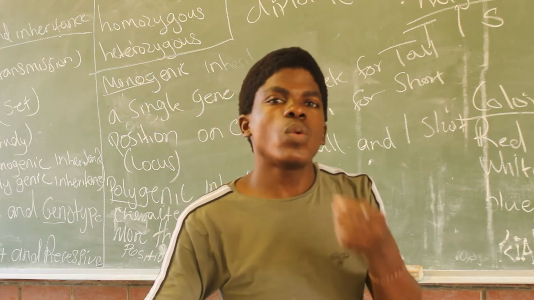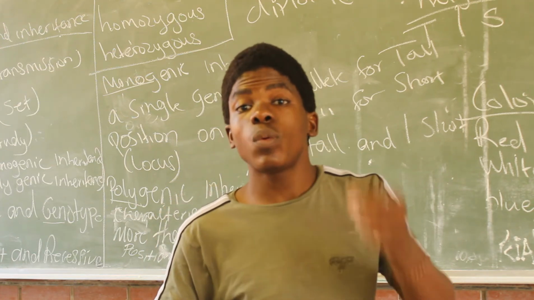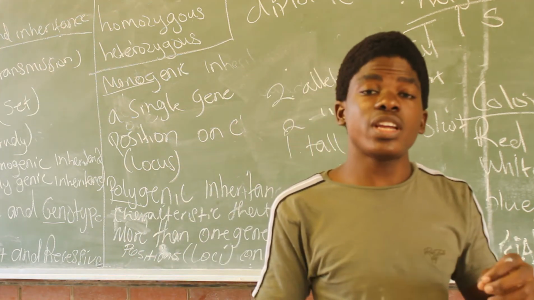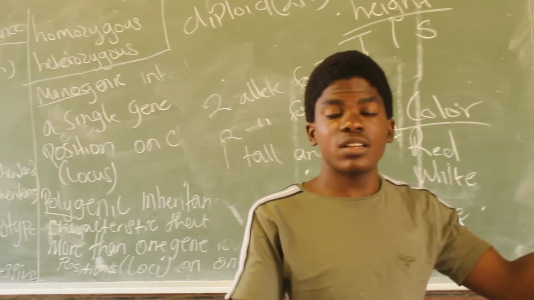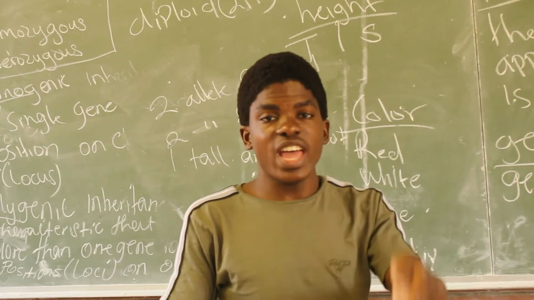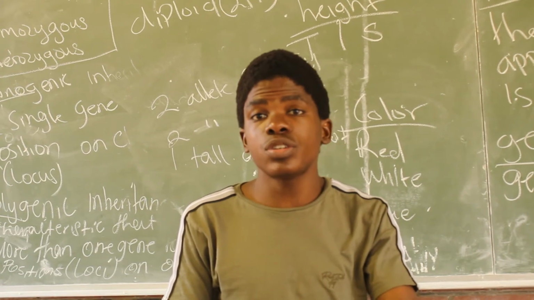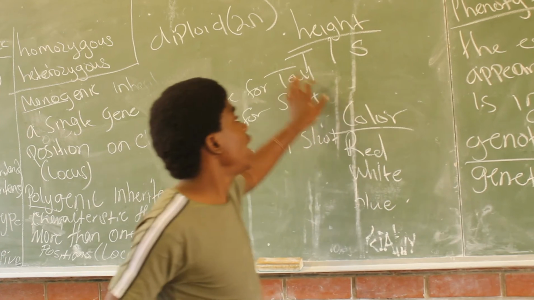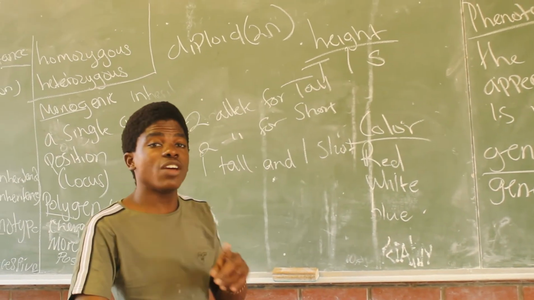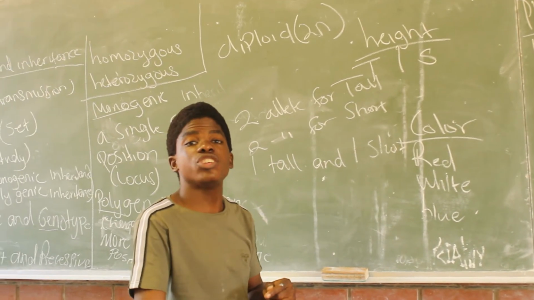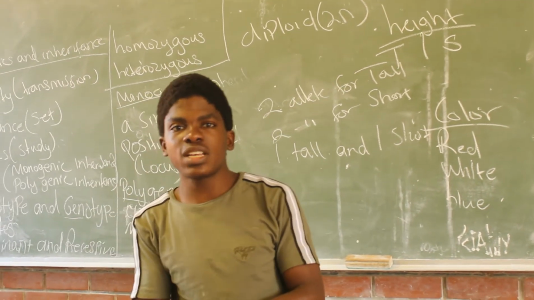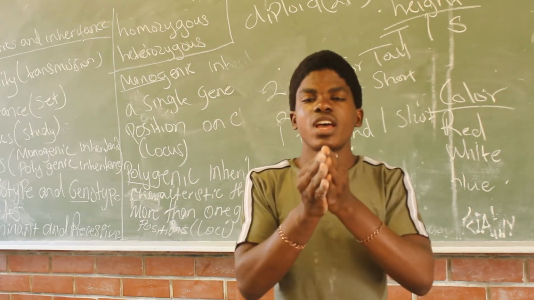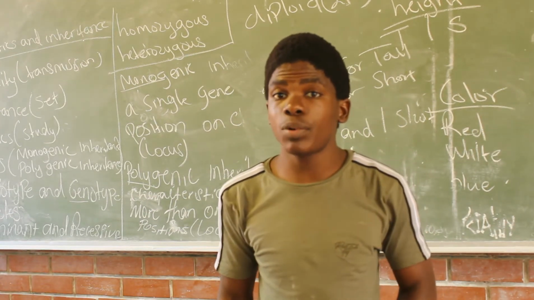When meiosis occurs, we inherit one allele for each characteristic. At the end of meiosis, the cells produced each have one form of the gene. So when fusion occurs, we get one allele from the mother and one allele from the father, and then they fuse, and we have our diploids.